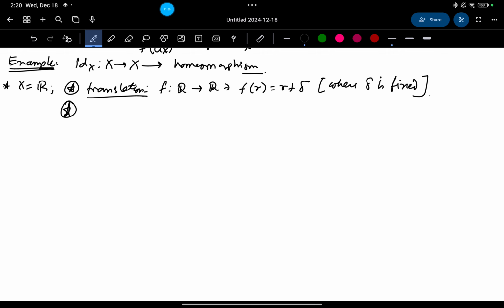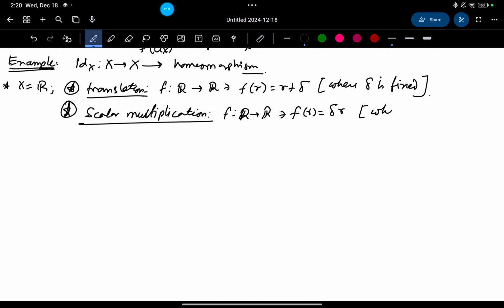Next, you can define, let's say, scalar multiplication. Suppose f is a mapping from R to R such that f of r equals delta r, where delta is not equal to 0, and delta is also fixed.